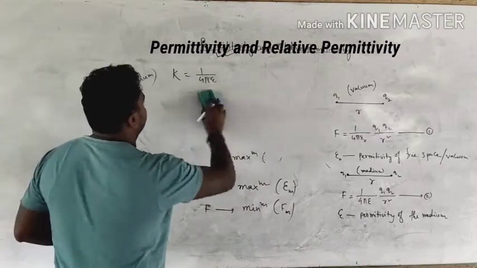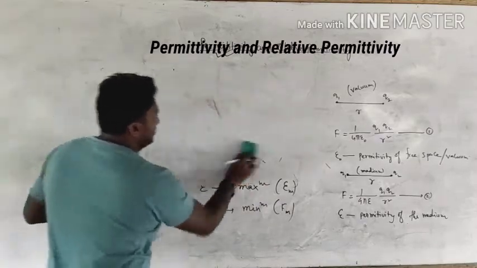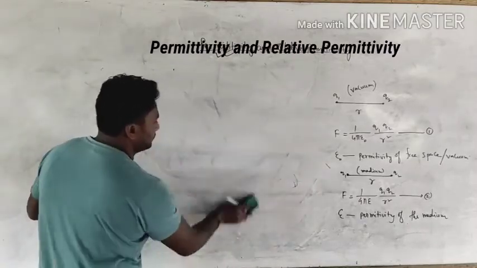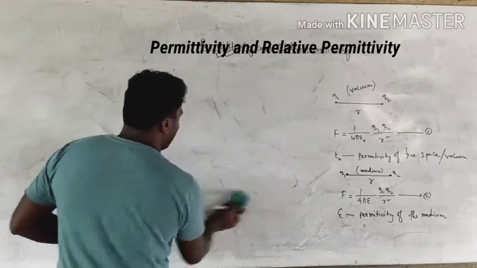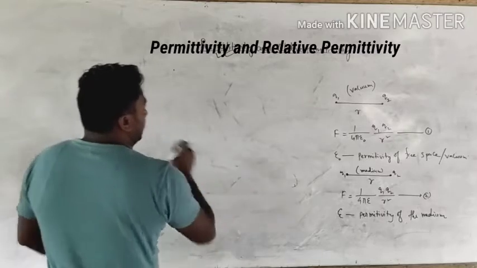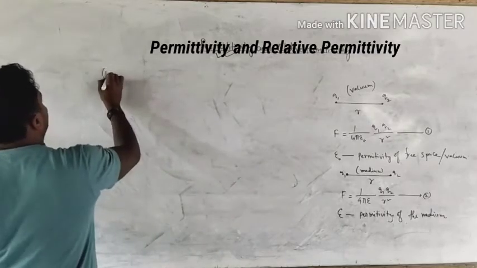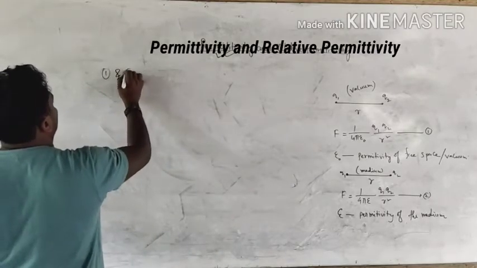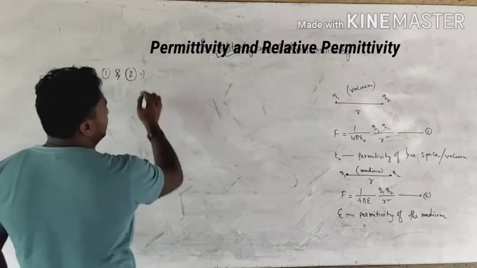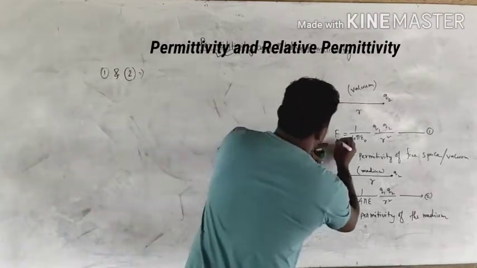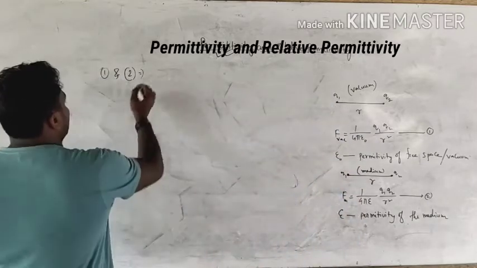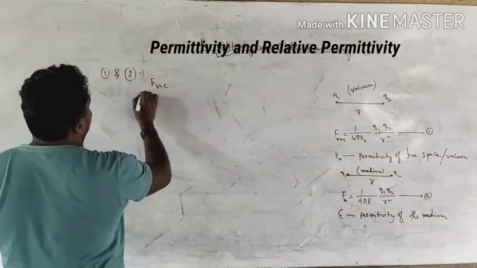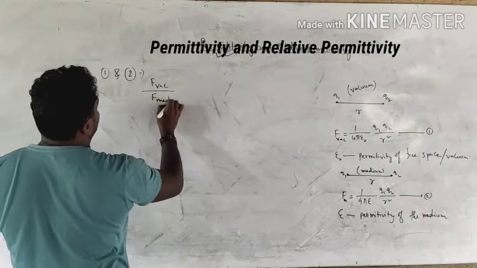Now let's see. From equation number 1 and 2, let this be considered to be vacuum and let this be considered to be medium. So F vacuum divided by F medium.